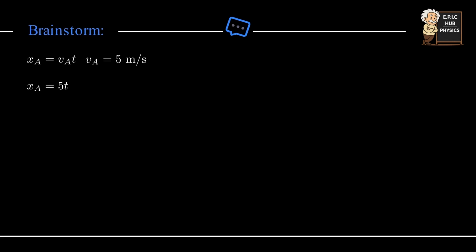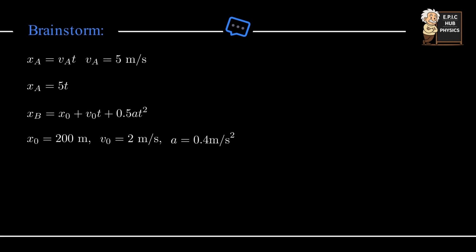Next, we describe the motion of Vehicle B. The general equation for uniformly accelerated motion is displacement equals initial position plus initial velocity multiplied by time plus 1/2 multiplied by acceleration multiplied by time squared. Vehicle B begins 200 meters behind A, so its initial position is 200 meters. Its initial speed is 2.0 meters per second, and its acceleration is 0.40 meters per second squared.